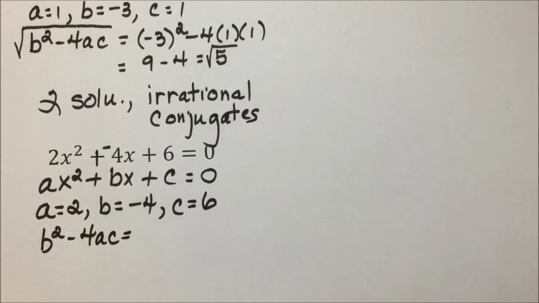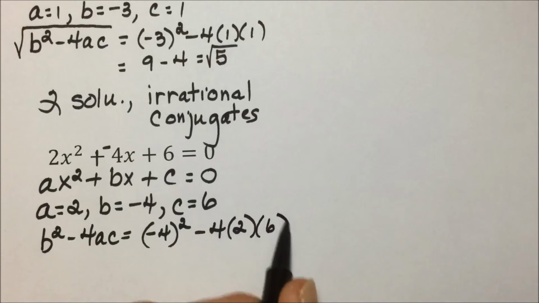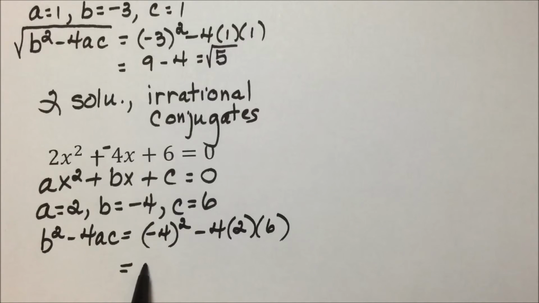The discriminant will give us the route to answer the questions being asked. b squared means we'll put a -4 in place of that and squared, minus 4 times a times c. -4 squared is 16, and multiplying 4 times 2 times 6 is going to give us an 8 times 6 is 48.